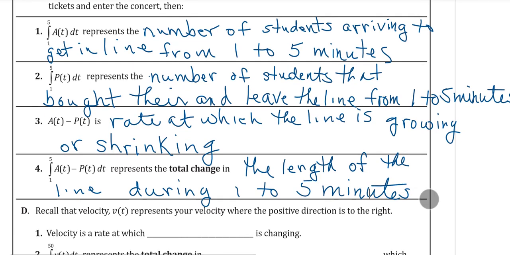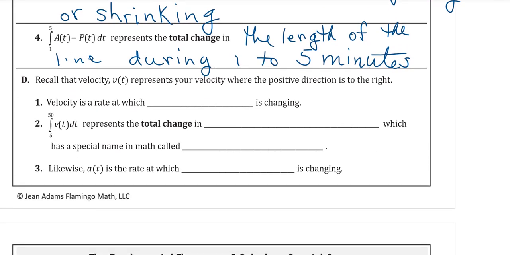Okay, so now it says recall that velocity v of t represents the velocity where the position direction is to the right. So velocity is the rate at which position changes, because these come up a lot: velocity, position, and acceleration.